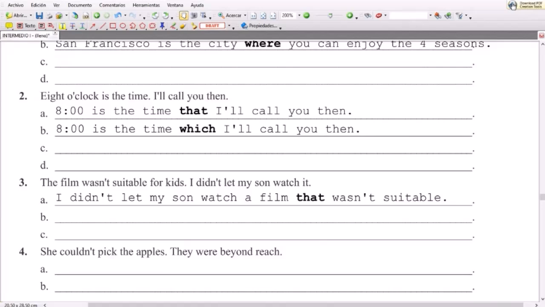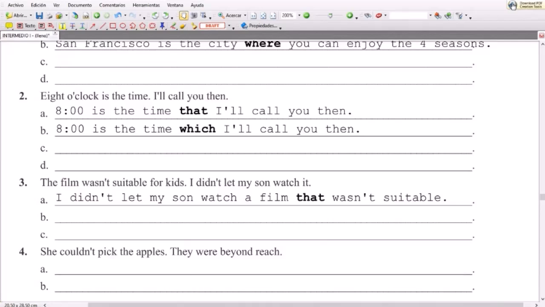A ver, Ana, compárteme lo que tengas hasta el momento, porfis. Okay. Number 1, San Francisco is a city that or in which you can experience the four seasons. Number 2, I have four sentences. 8 o'clock is a time that or which or at which I'll call you then.